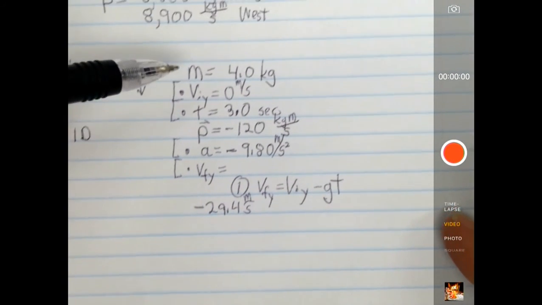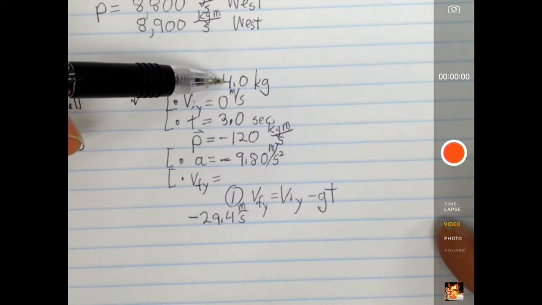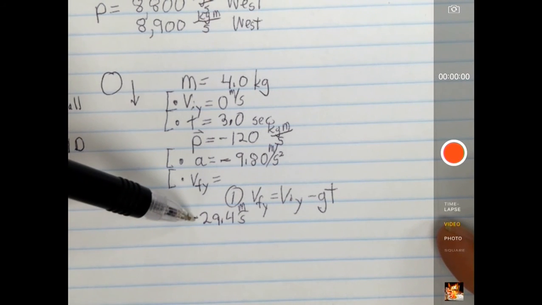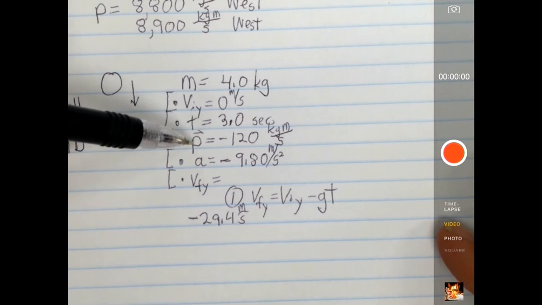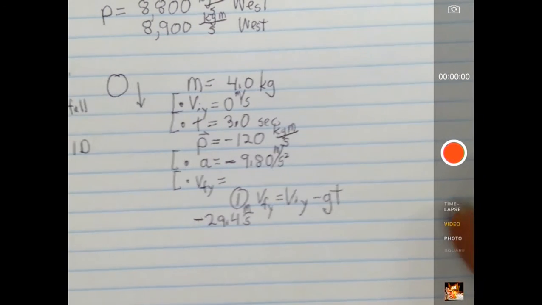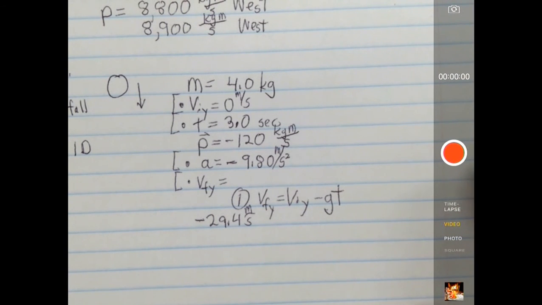Finally, a mass of 4 kilograms times a velocity of negative 29.4 meters per second is a momentum of negative 120 kilogram meters per second. Ta-da!